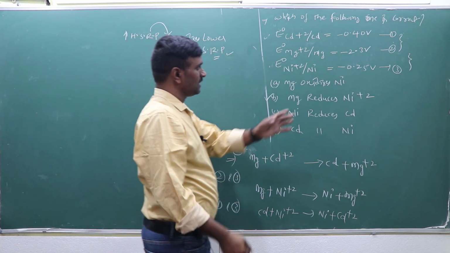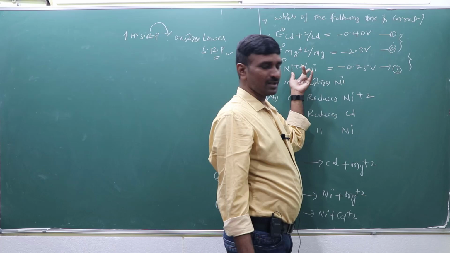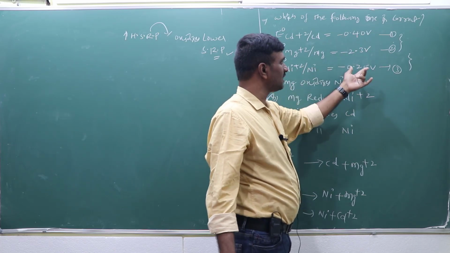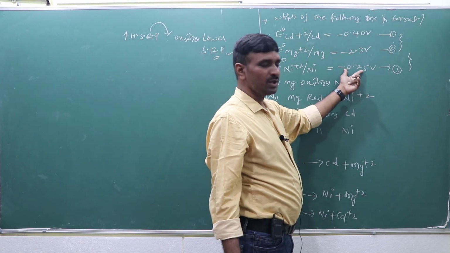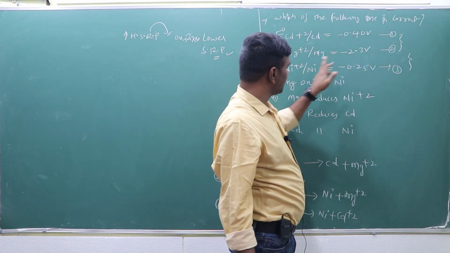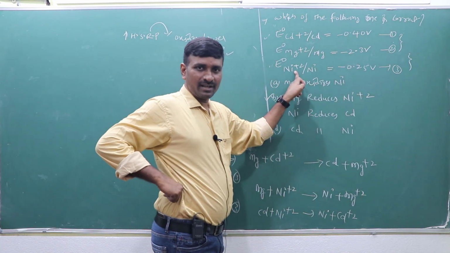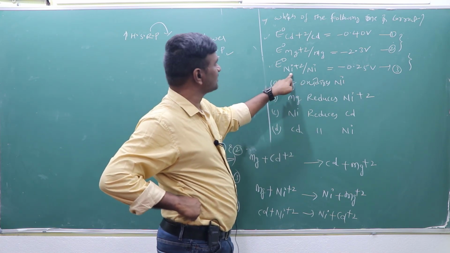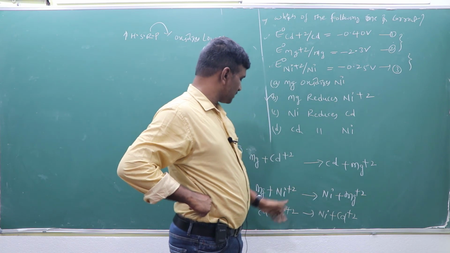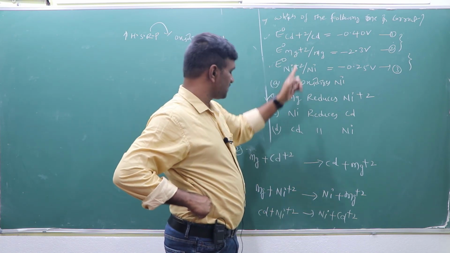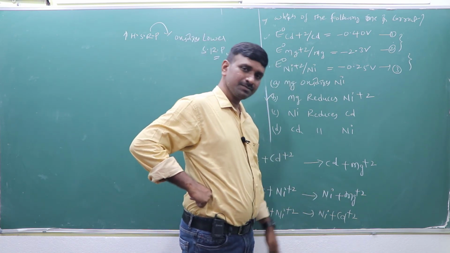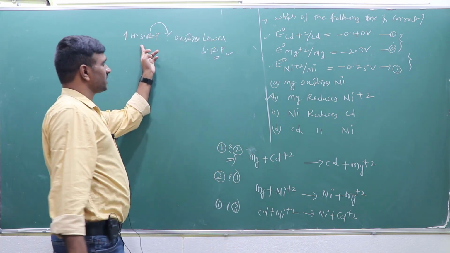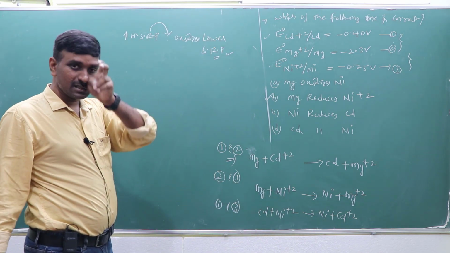That means this nickel plus 2 is the more. Compare these three data. Which one is more? Minus 0.25 is more. So this nickel plus 2 has higher reduction potential. This nickel plus 2 oxidizes cadmium to cadmium plus 2 and magnesium to magnesium plus 2. The last two reactions are similar. So the highest reduction potential oxidizes lower reduction potentials.